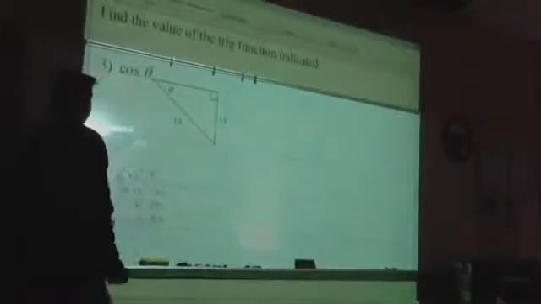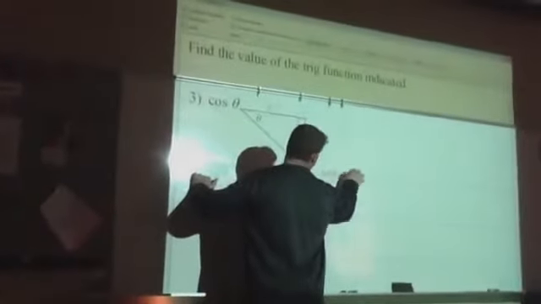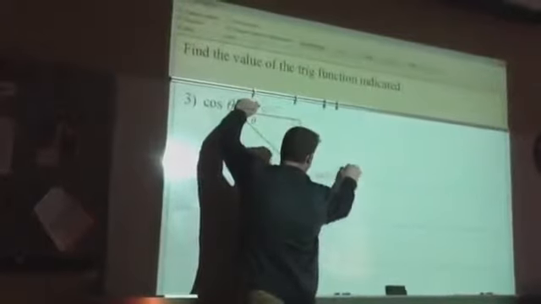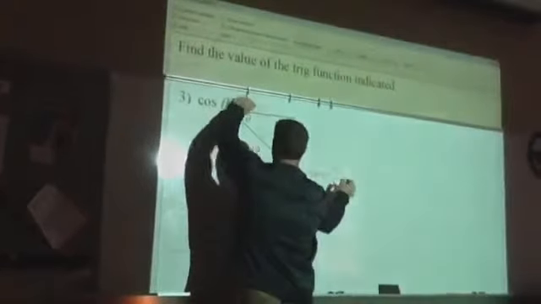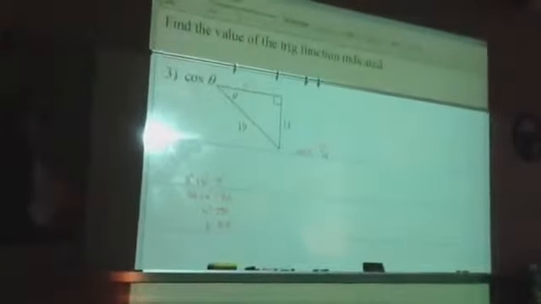You could have said that B was 15.5. And just wrote it like this. The adjacent side over the hypotenuse. And that would have been sufficient. And that was 1, 2, and 3.